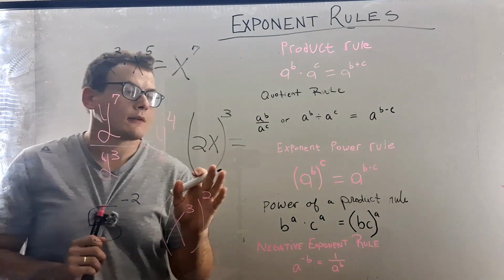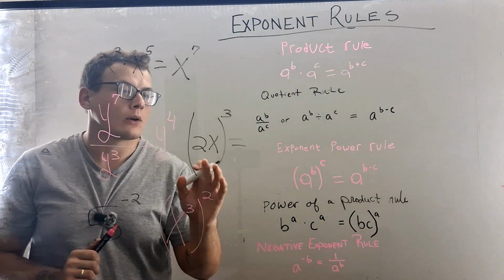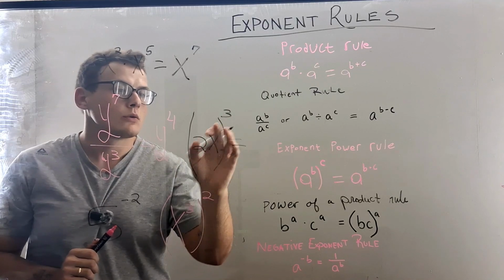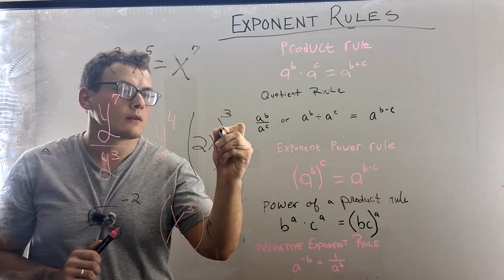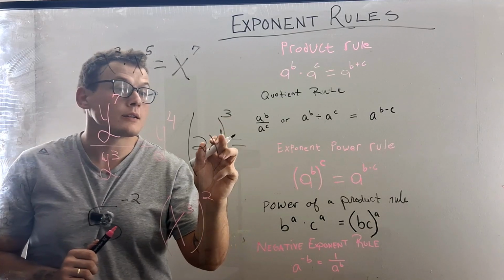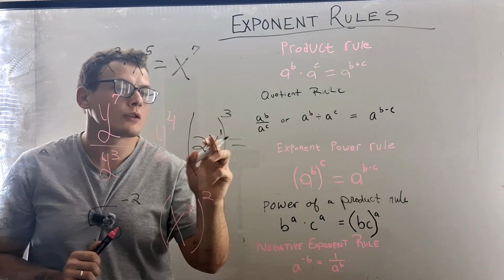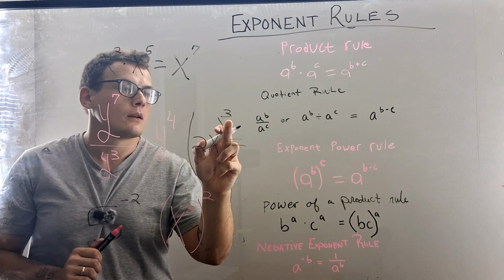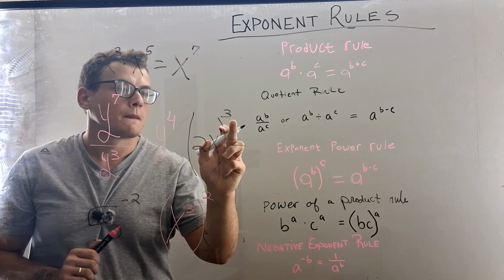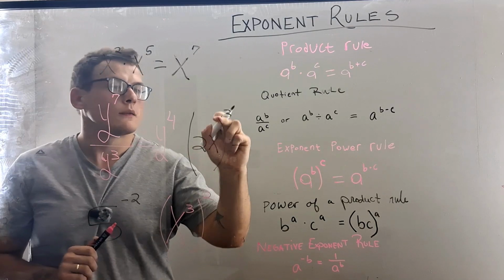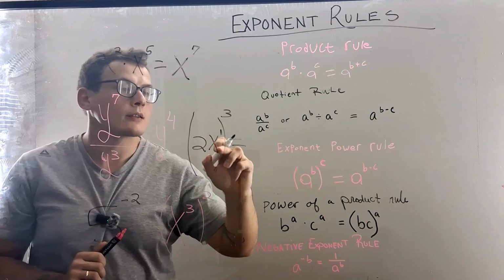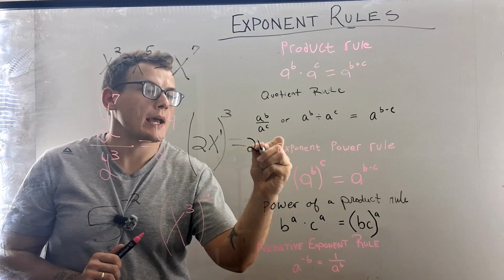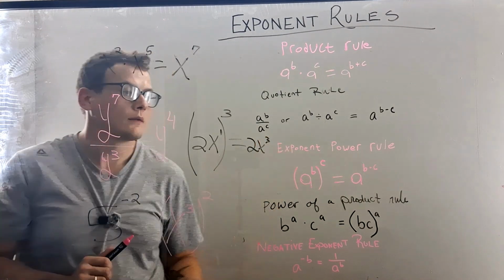All right, here we have (2x) to the 3rd power. First, this is equivalent to x to the 1st. So 2x to the 1st is equivalent to 2x with a power of 1 times 3, which is just (2x) to the 3rd.